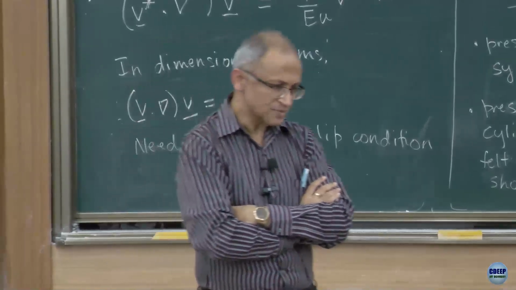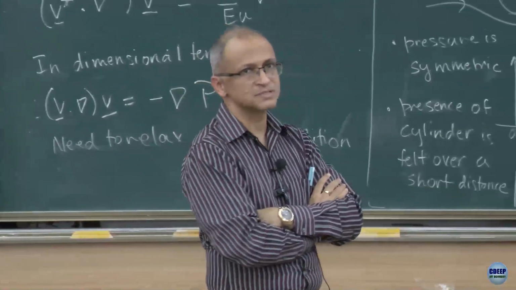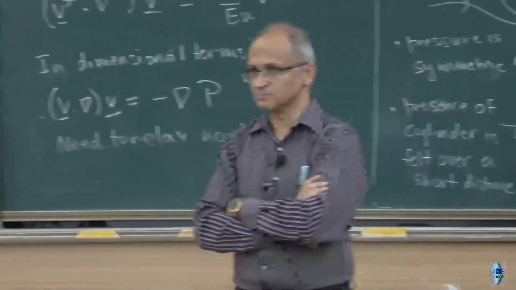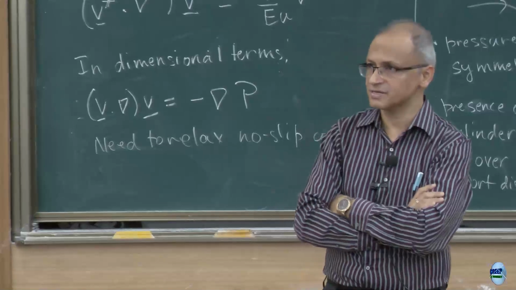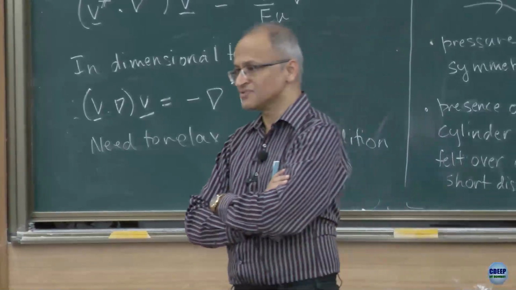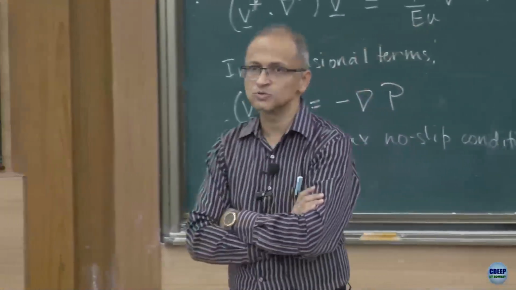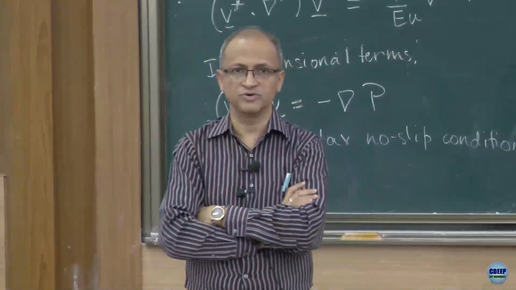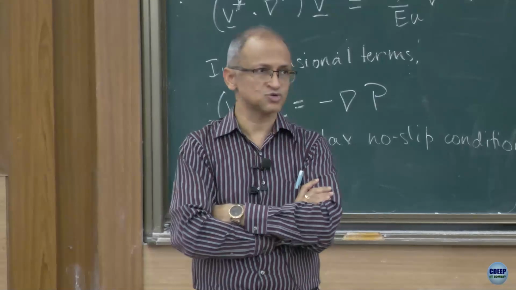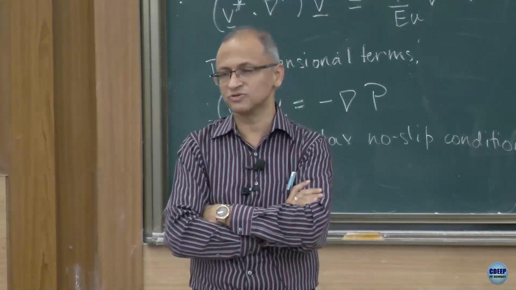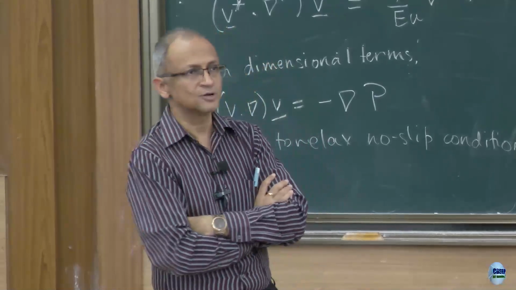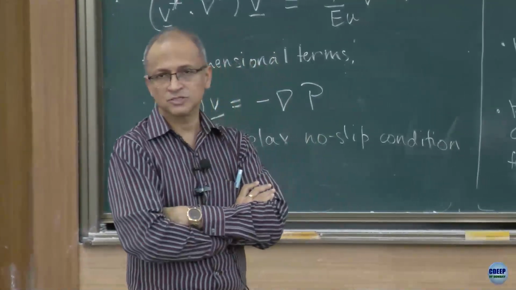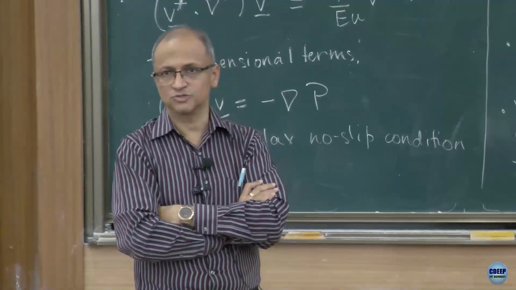Now, we then looked at the two extreme cases. First, creeping flows, where the inertial terms are not important, which removes the non-linearity, which is where the difficulty lies, and so we get a linear equation, which means that the solution can be superimposed. I can take two different problems, and if a problem combines the two conditions, then the solution will simply be a sum of these two solutions.